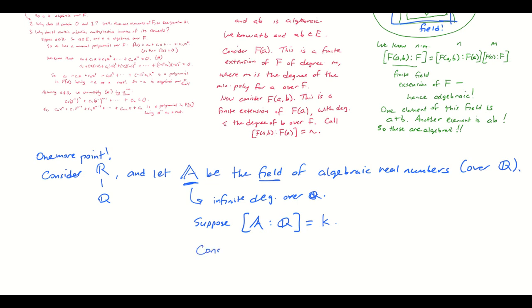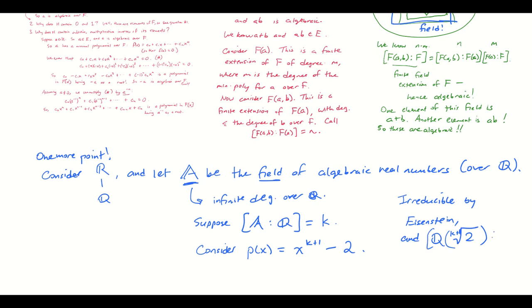Consider the polynomial p of x equals x to the k plus 1 minus 2. That's irreducible by Eisenstein's criterion. And the extension Q adjoin a root of this polynomial, let's just say the k plus 1th root of 2, has degree over Q equal to k plus 1, which is greater than k.